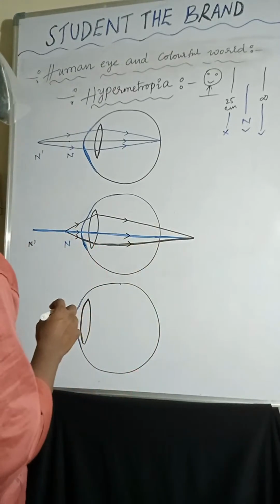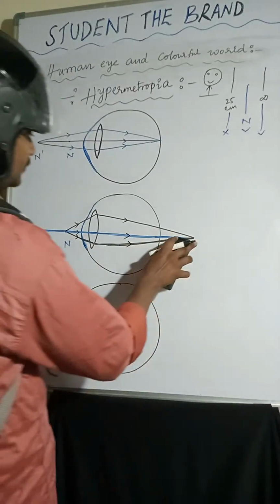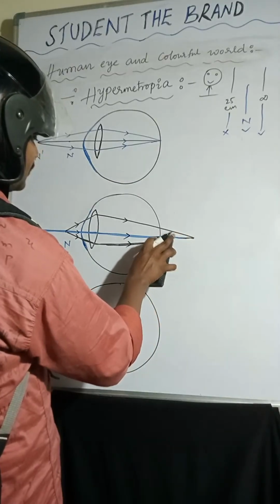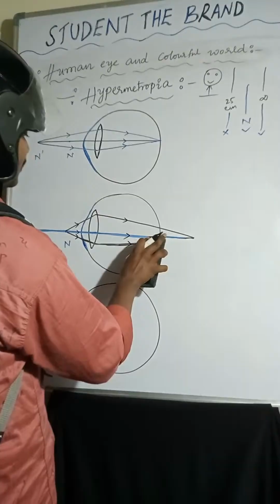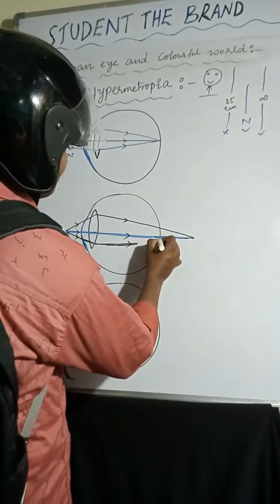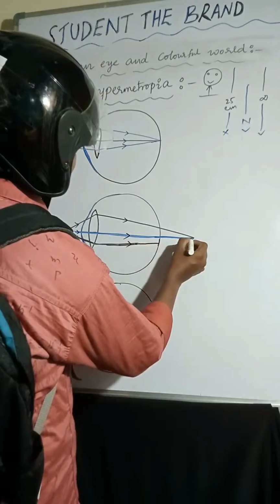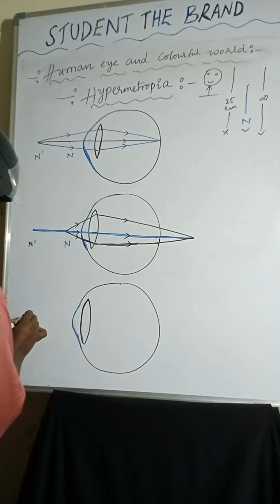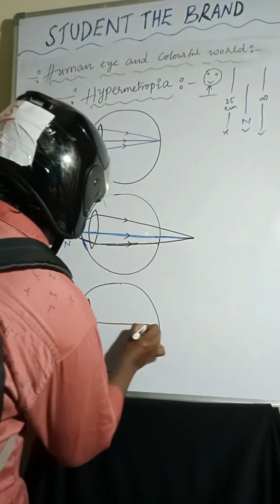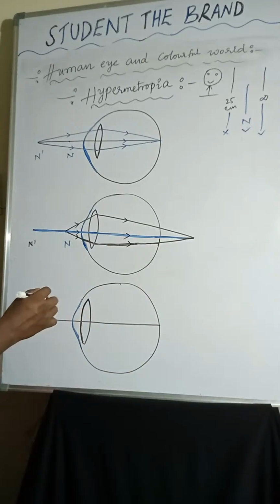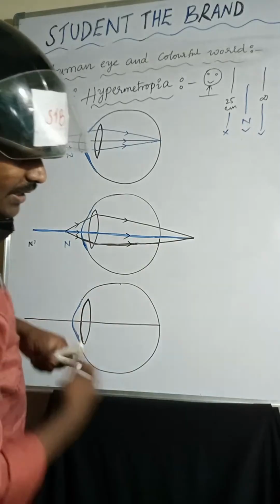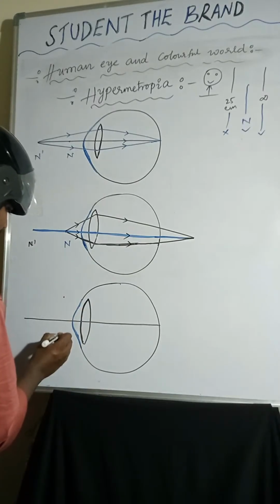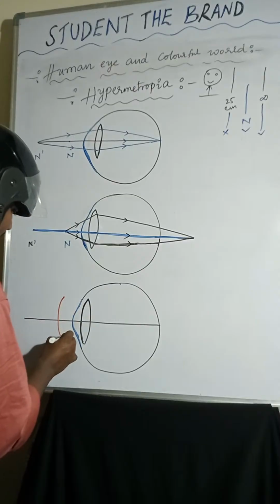Okay. So convex lens I am taking. Convex lens to correct the defect of hypermetropia. We are using convex lens.